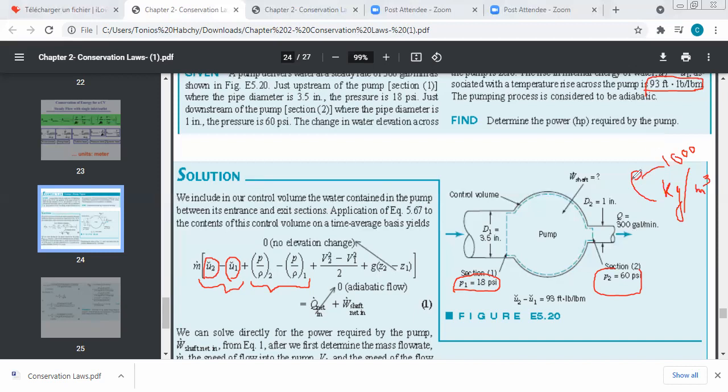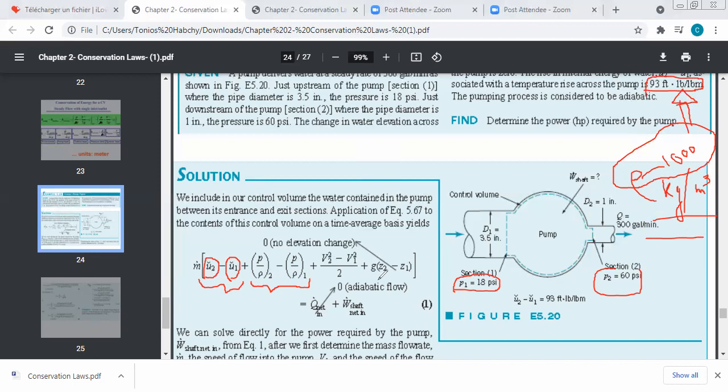This is why, when you don't have any information, you just use the conventional value of rho, which is 1000 kilogram per meter cube, and you just have to convert to specific units because you are not working in the SI system, you are working in the English system. So you should have a simple conversion, or you can directly use the value of rho in the English system.